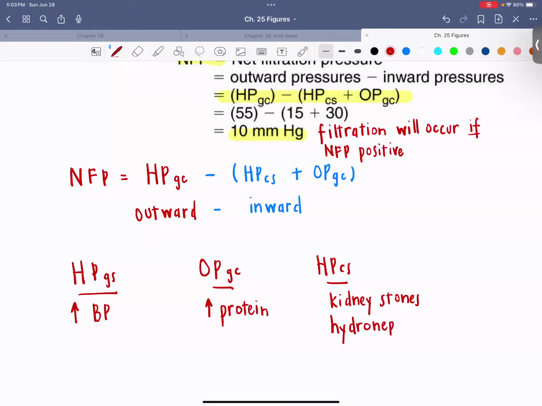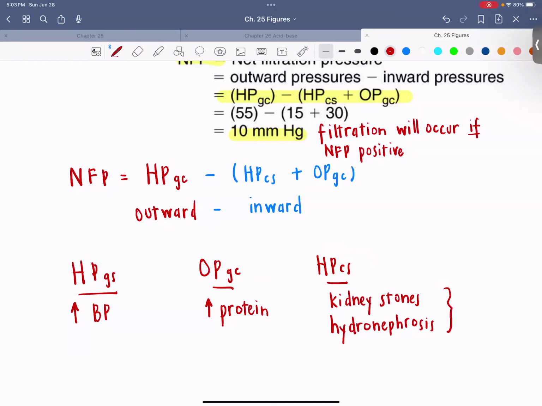Hydronephrosis is when you have a backup of urine in the kidneys, causing them to swell. So this hydrostatic pressure of the capsular space is a back pressure that opposes filtration and urine formation.